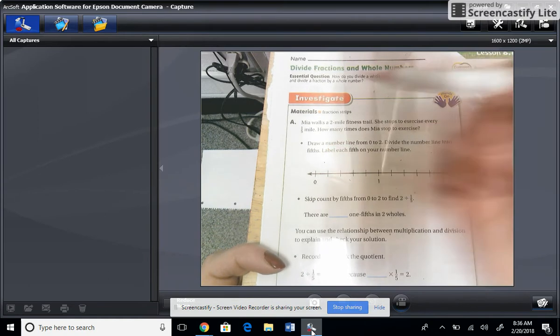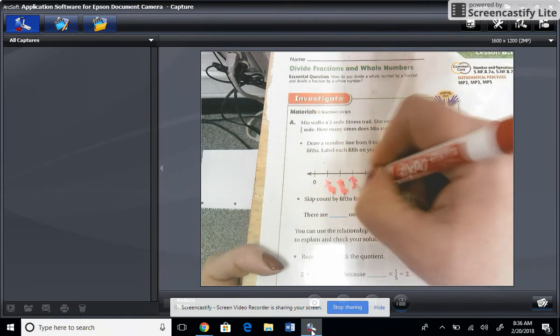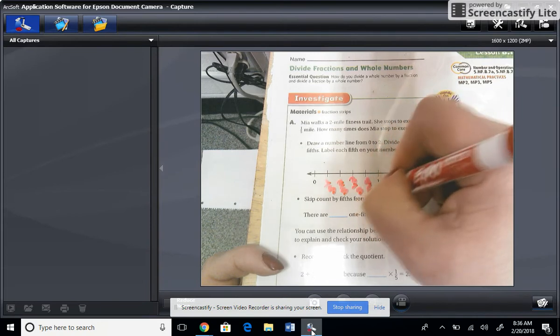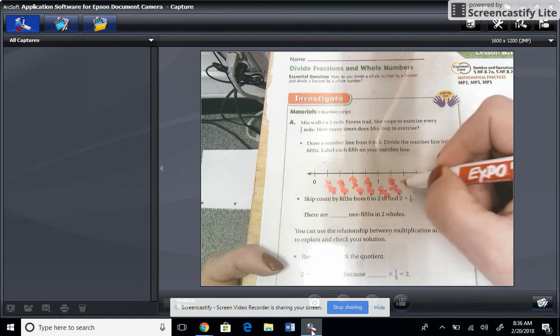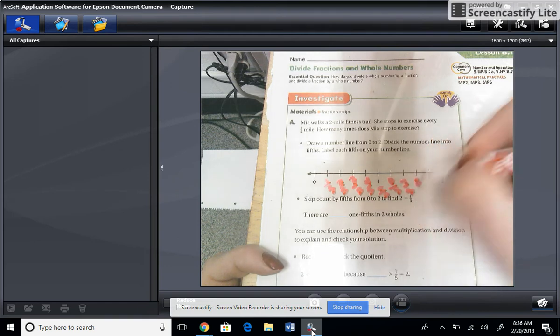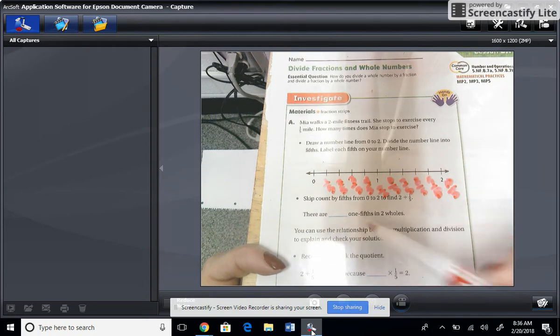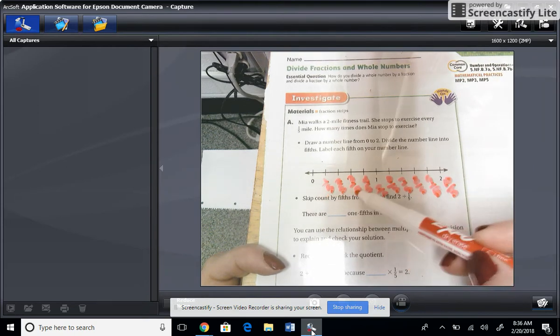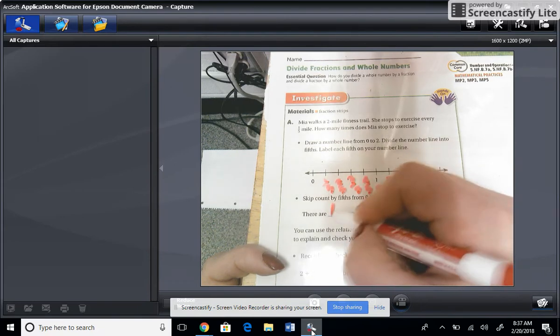Label the number line. 5/5 is the same as 1 whole. 6/5, 7/5, 8/5, 9/5, 10/5, which is 2 wholes. There are how many 1/5? Well, 1, 2, 3, 4, 5, 6, 7, 8, 9, 10.